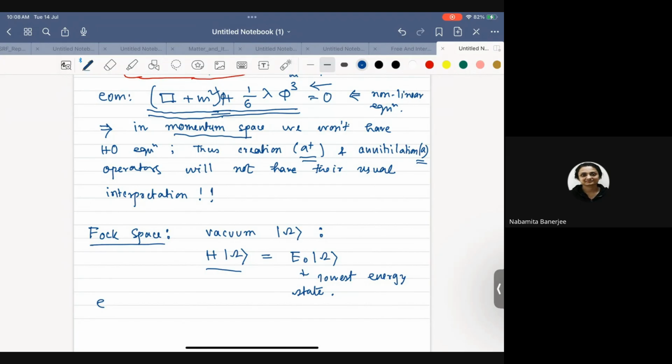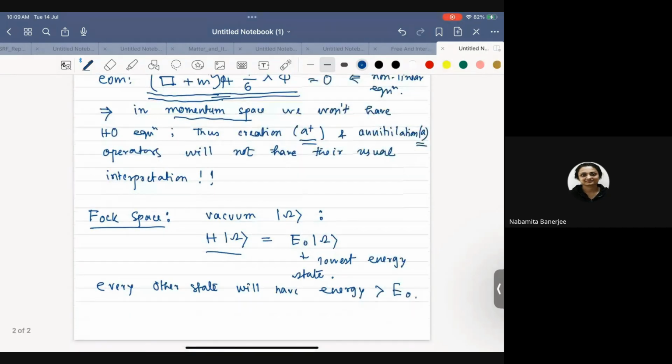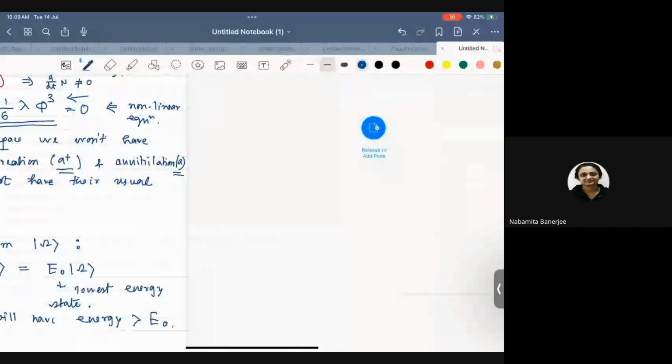Every other state will have energy greater than E0. E0 can be 0 also, but whatever it is, there would be a lowest energy state, and that is what I'm going to call my vacuum. Okay. So with this much, let us see what I can do.